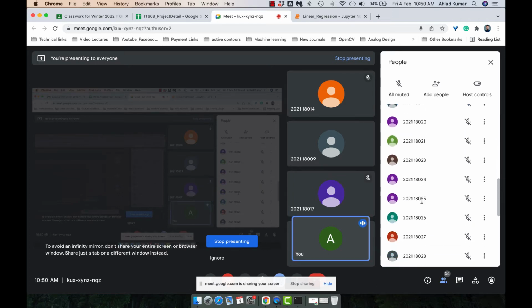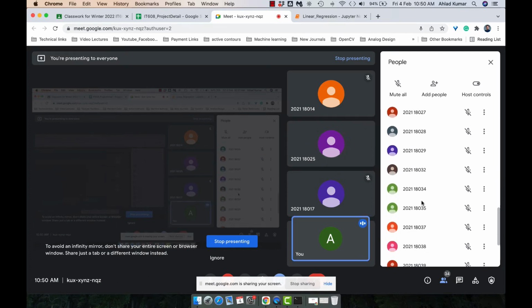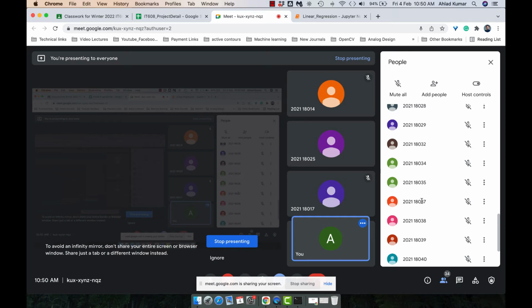Roll number 25. Yes, sir, can you tell me what will be the answer? Maybe 1 into 1, 1 cross 1. No, it's not 1 cross 1. 32. Yes, can you tell me the answer?